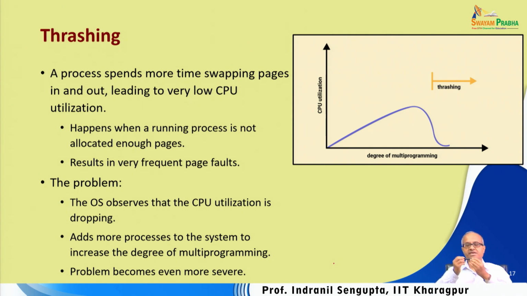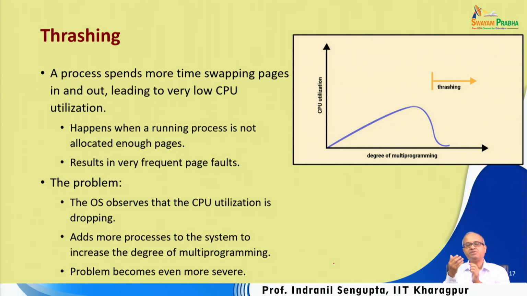And lastly, there is one phenomenon called thrashing. Let us talk about this. Thrashing is a state of the system, you can say, where a process spends more time handling page faults. Due to some reason, whenever you start running a process, you will find that there is a large number of page faults. That means there is a frequent transfer of pages from disk to memory, memory to disk.